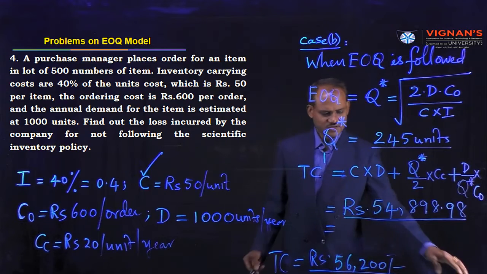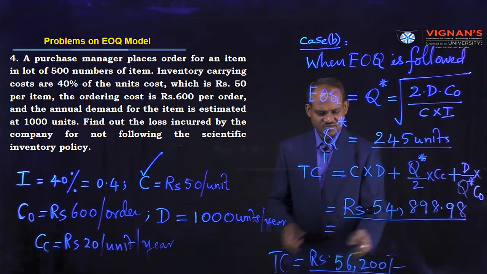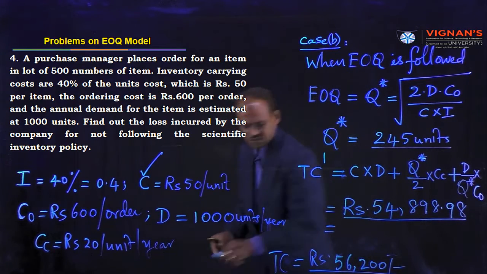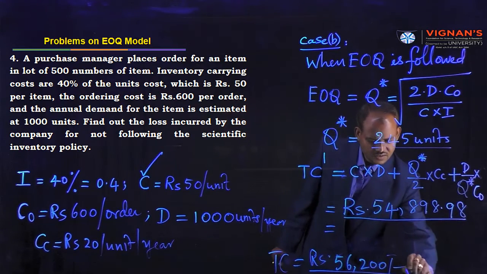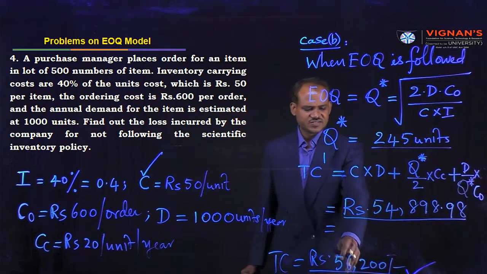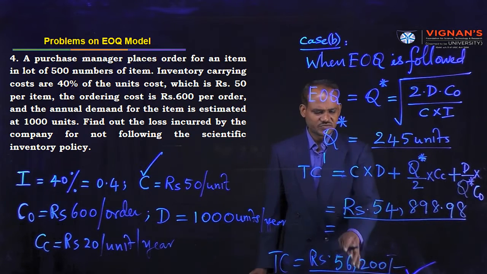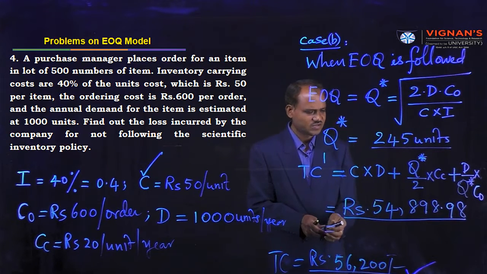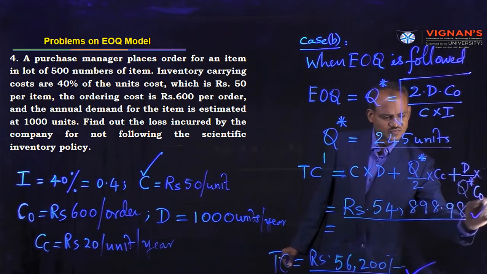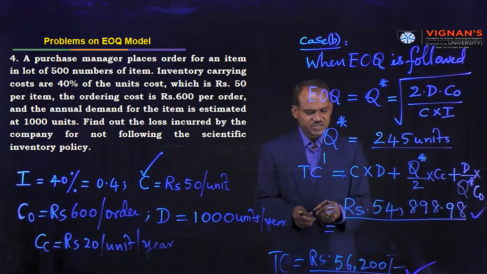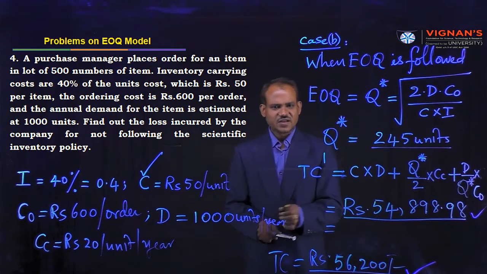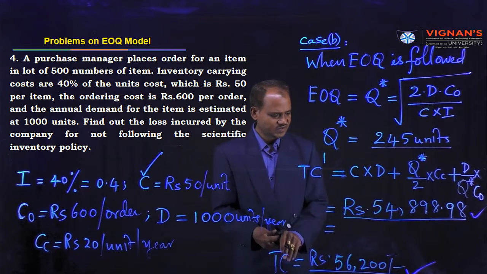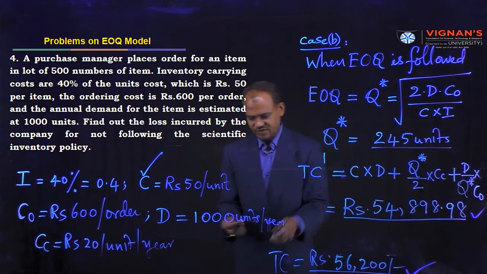Therefore, in earlier case, that means when EOQ is not followed, in that case, total cost is 56,000, more value. Now, in case of EOQ, total cost is reduced, that is 54. Therefore, the company should make some loss. What is the loss? Therefore, write one sentence.